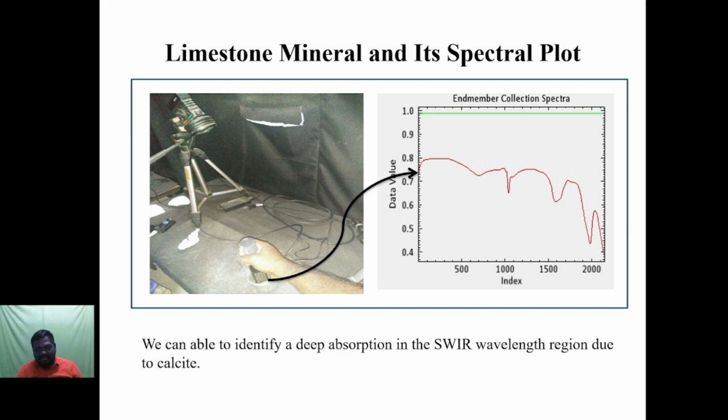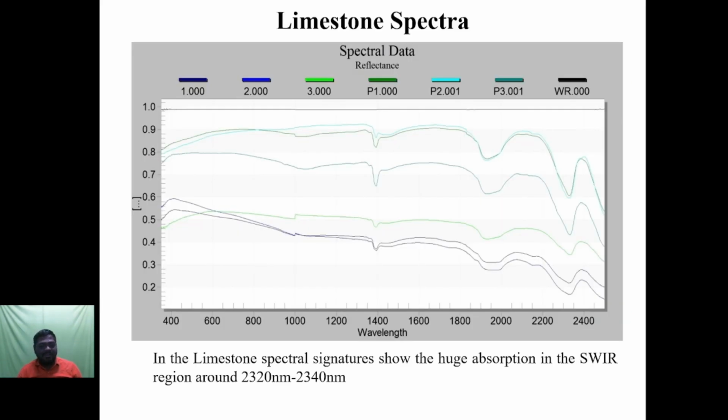The reflectance ranges from 0.4 to 1. We get a deep absorption in the short wave infrared region due to the calcite content only. This calcite content is used to identify our limestone in a very precise manner.